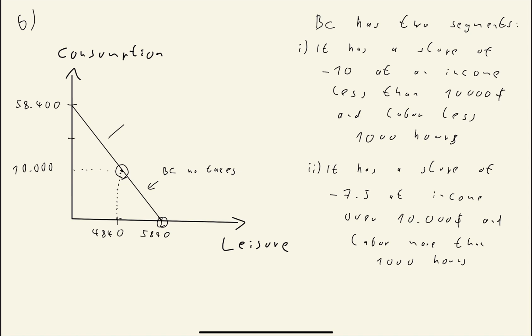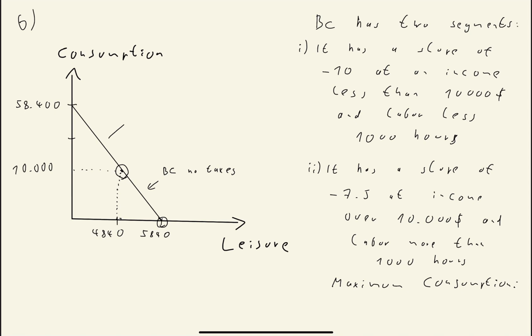So what will be the maximum amount of consumption that we can get within this tax schedule? Maximum consumption is what is missing here. So maximum consumption is given by the following.